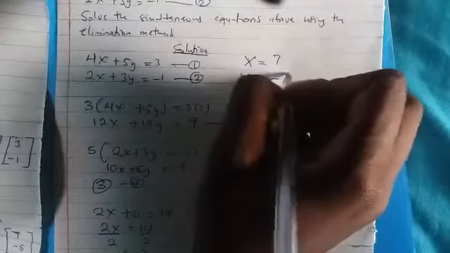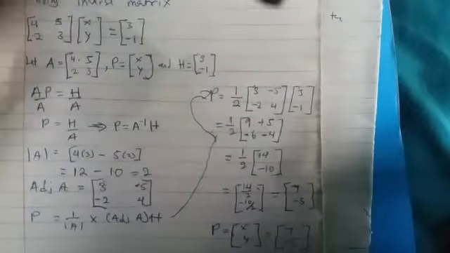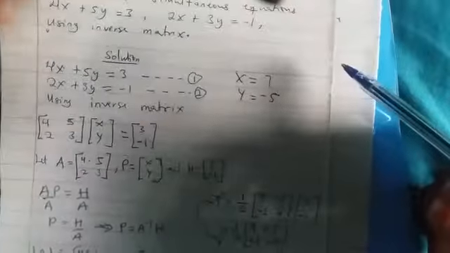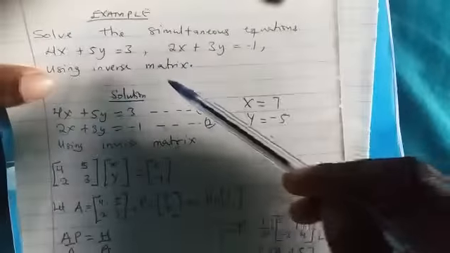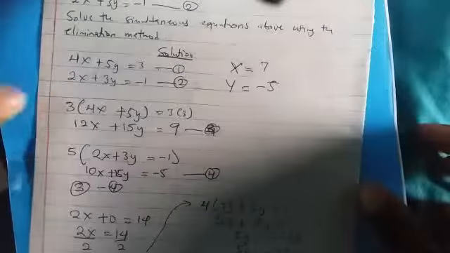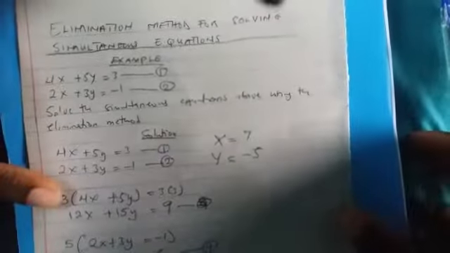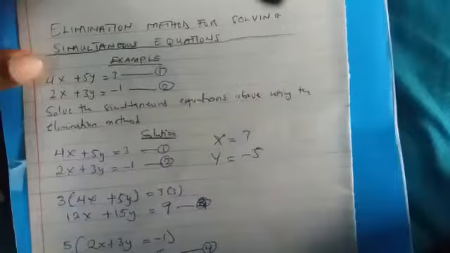So here our x is equal to 7 and then our y is equal to minus 5. You can substitute it in and check. If you want our video on the inverse matrix, it's also there. So from the same question we used the inverse matrix method, but here we use the elimination method, and you realize that we are getting the same answer.